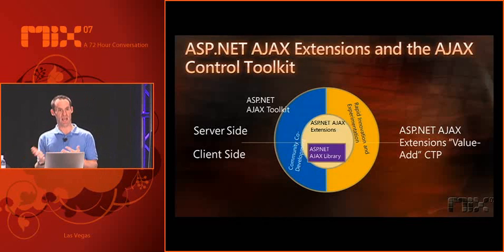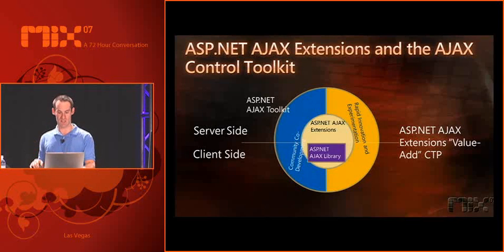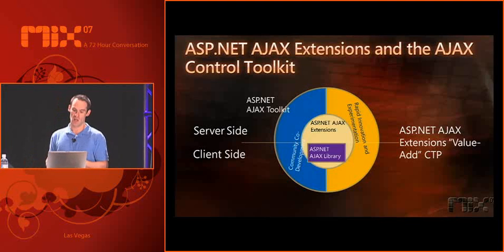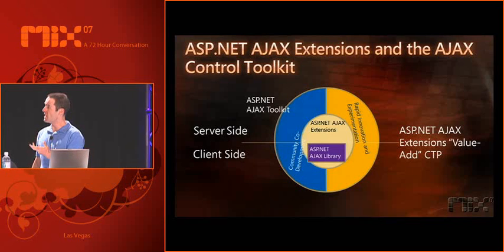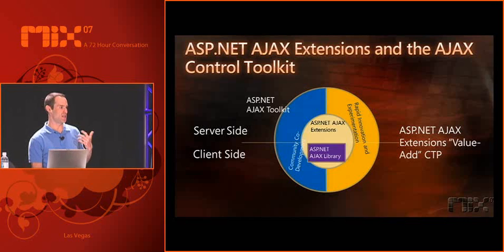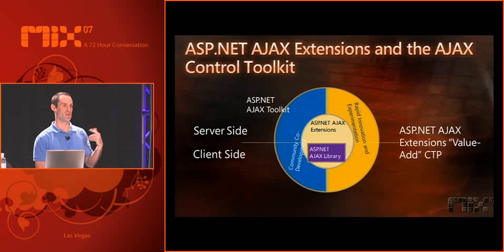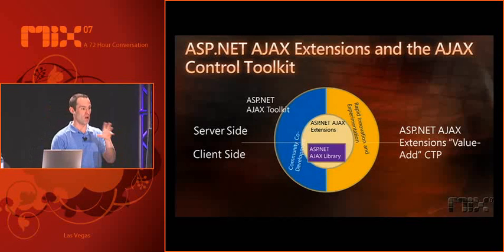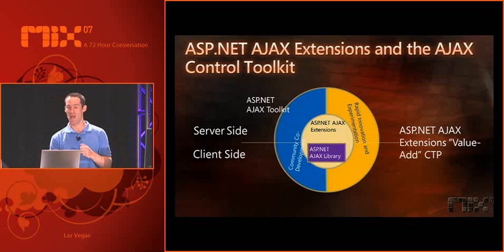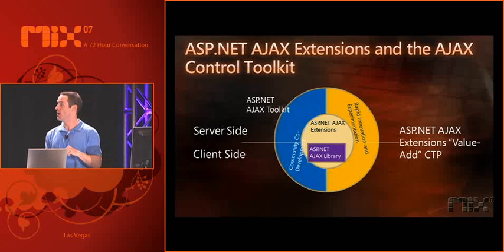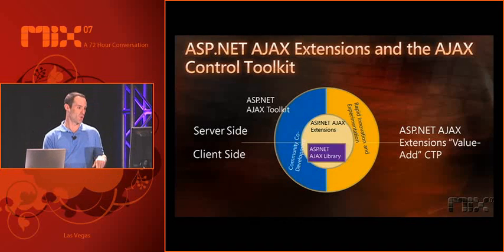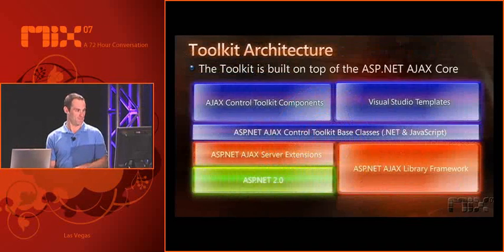What's happened is that we've taken several of the features from those CTPs that didn't make it into the actual ASP.NET AJAX RTM, and we've moved them into the Toolkit, so this symbiosis happens. And all this is built around the ASP.NET AJAX libraries that were present in the ASP.NET AJAX RTM and now are being moved into the Orcas product.